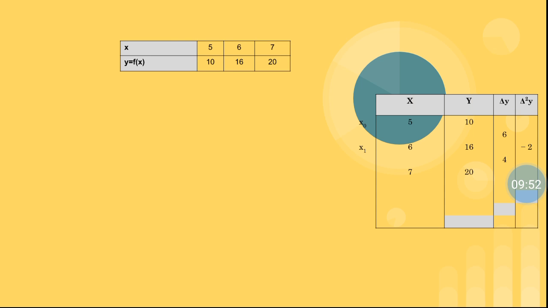How to find the polynomial of a function? When the question asks to find the polynomial function, your answer will be an equation in terms of x. So x and y are given. Construct the forward difference del y and del 2 y, we get here because we have 3 values.